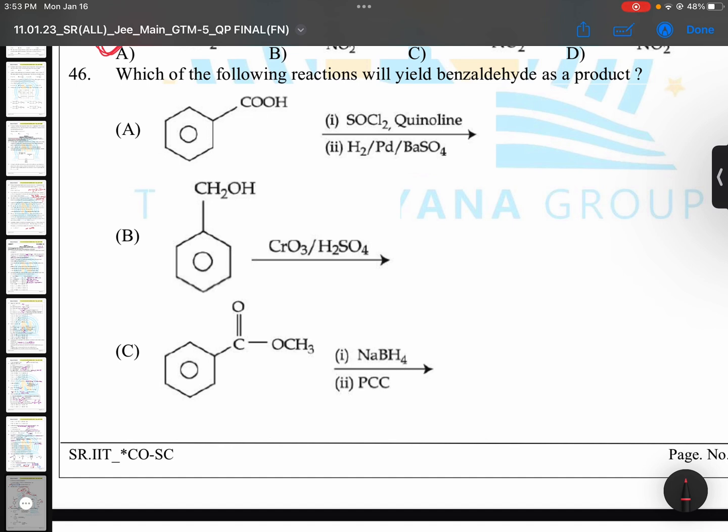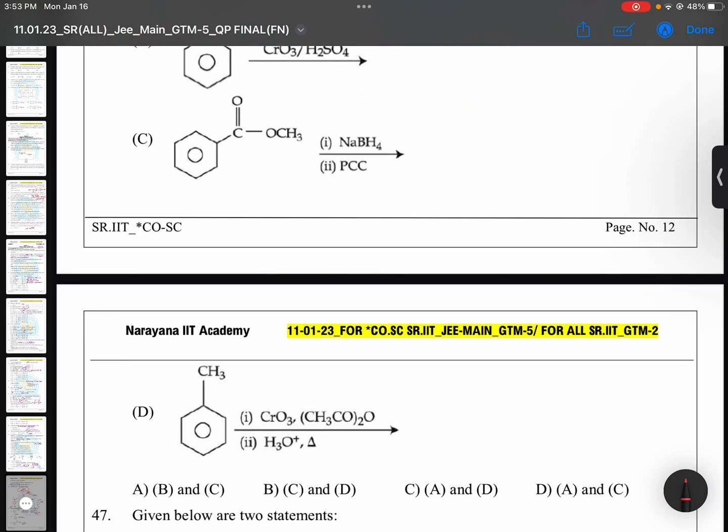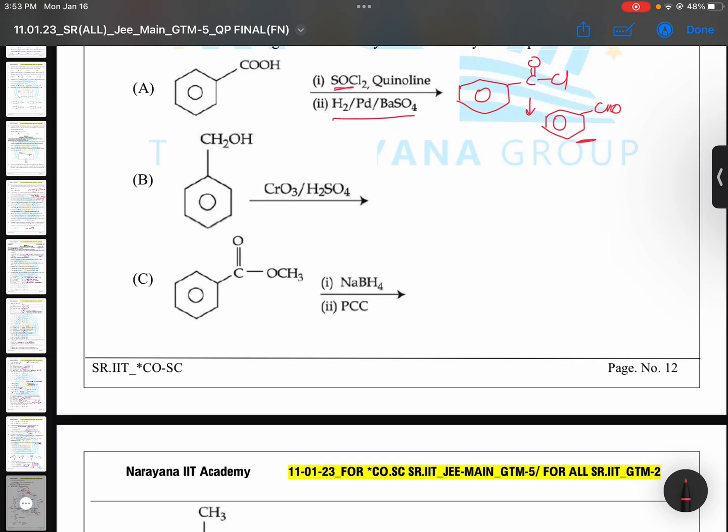Inversion means if it is R, it will be S. First step, then palladium barium sulfate, Rosenmund reduction. What are the options? So many options are here. CrO3 and H2SO4. So it is acidic medium, we will go for COOH.